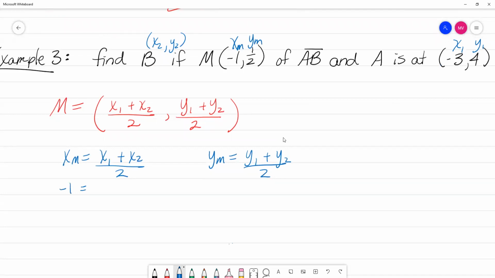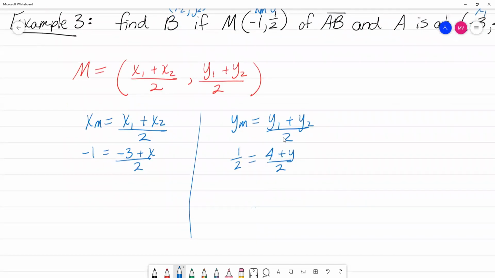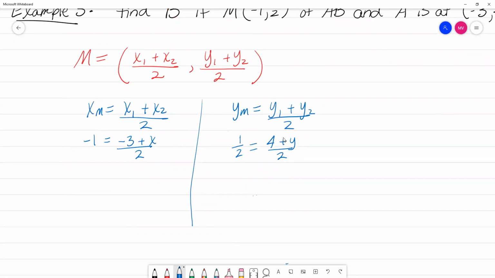That is equal to x1, which is point A, so -3, plus x over 2. And the y coordinate at the midpoint is 1/2 equals y1, which is 4, plus y divided by 2. So you just finish these 2 equations to solve your x and y coordinates for endpoint B.